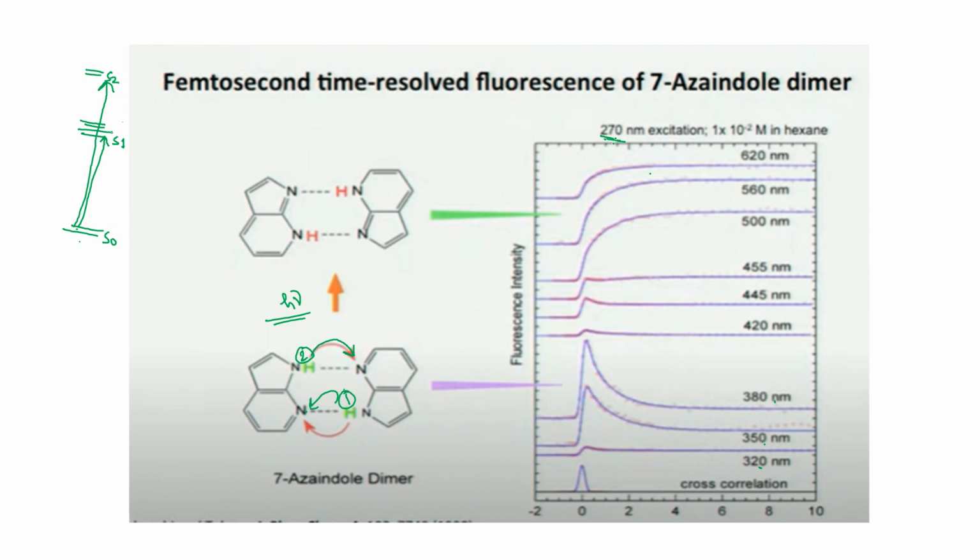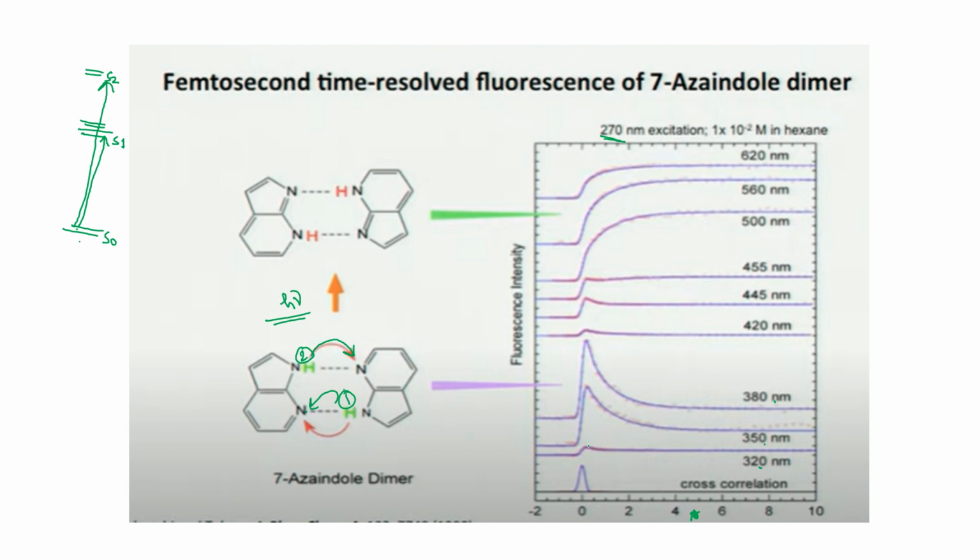The point to notice is that for each wavelength of emission, they have recorded a time-resolved decay spectrum, showing how the fluorescence intensity is decreasing with respect to time. And what is the unit of this time? This time is in picoseconds.